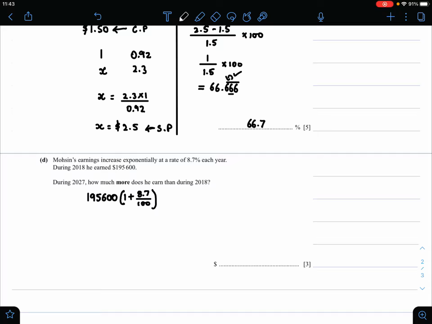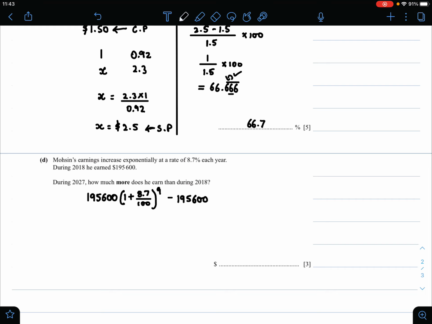That is 9 years. And since we have to find the difference between the amount that he will earn in 2027 and the amount that he earns in 2018, we minus 195,600 from this new amount.